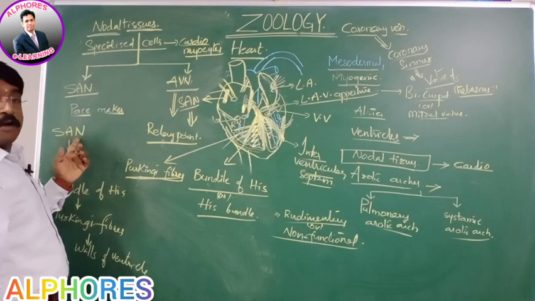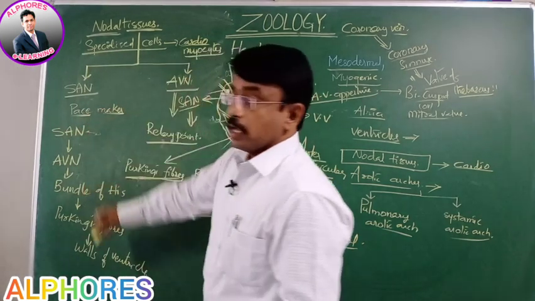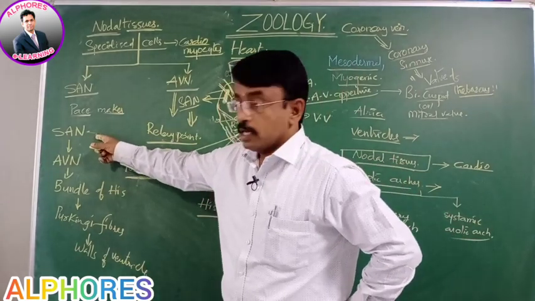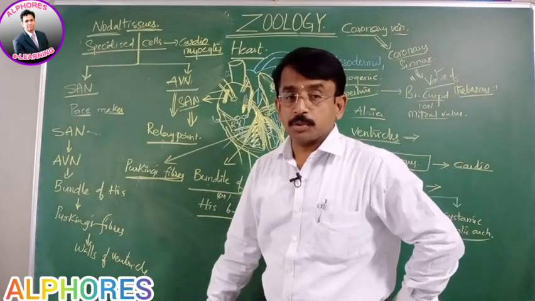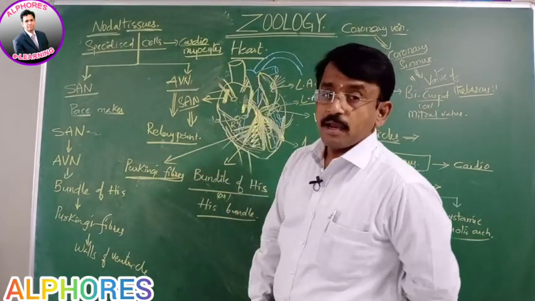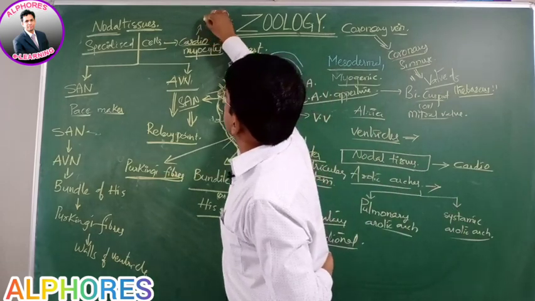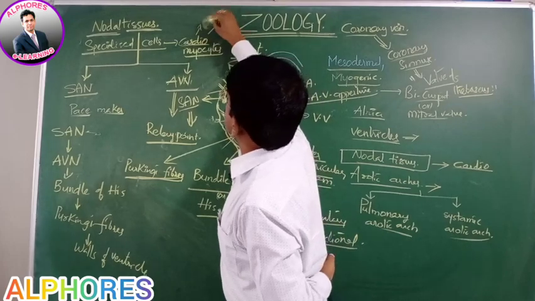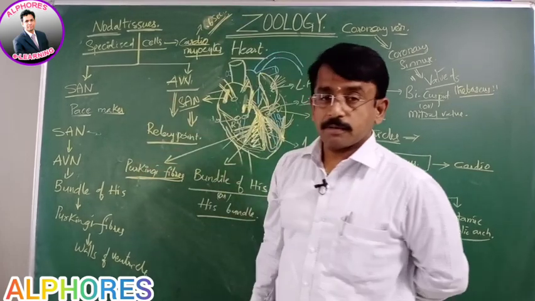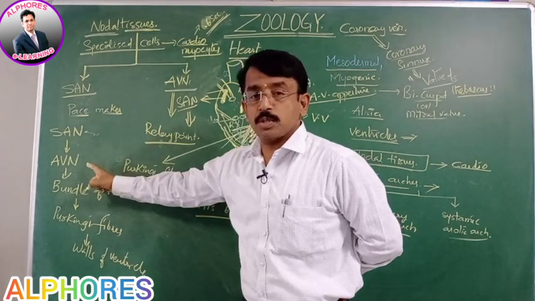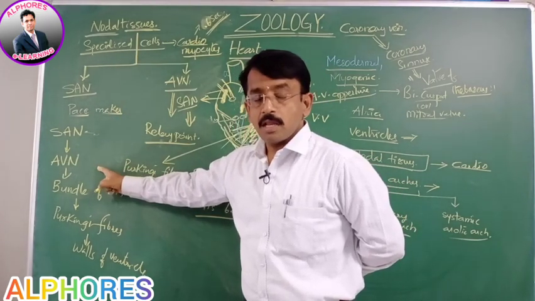First the atria contract by the action potential generated by SAN. The SAN is a nodal tissue made of the specialized tissue, cardiomyocytes. A cardiomyocyte can generate an action potential every 0.6 seconds. Once it generates the action potential, it is sent into the AVN.